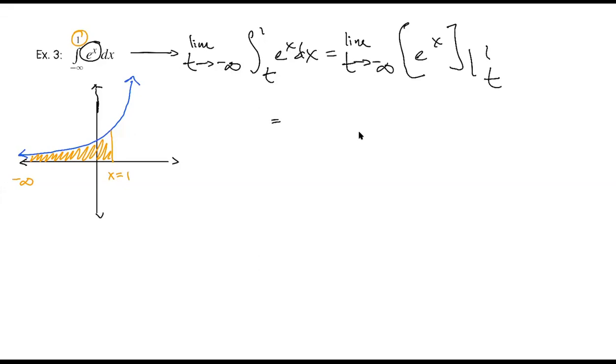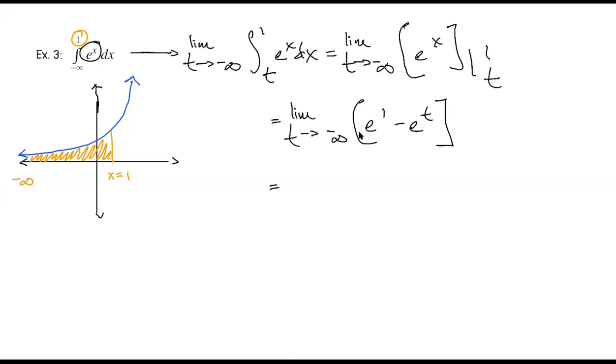That's going to give us the limit as t approaches negative infinity of e to the 1 minus e to the t.